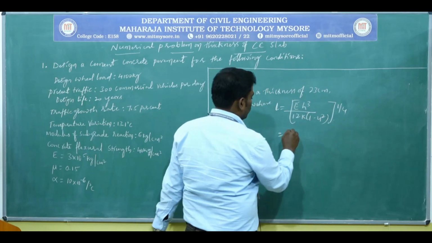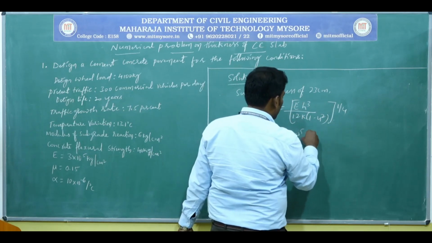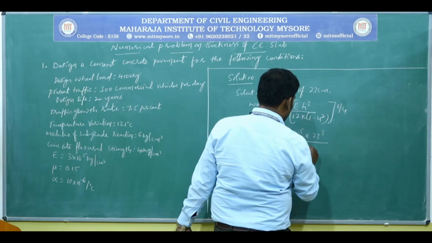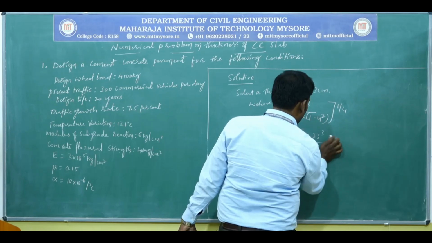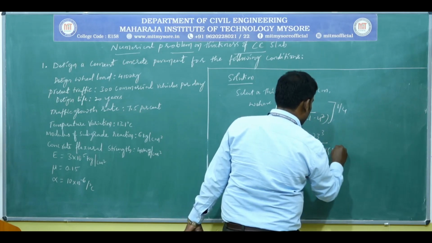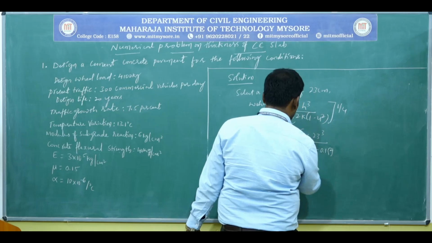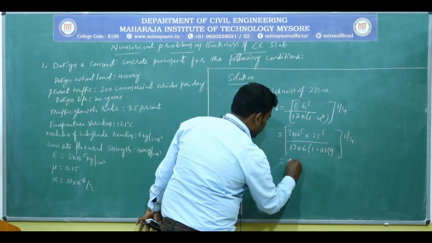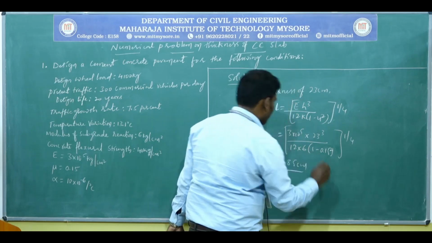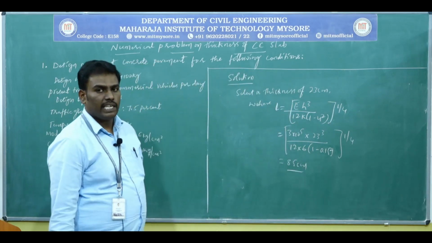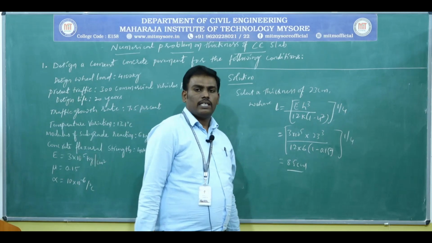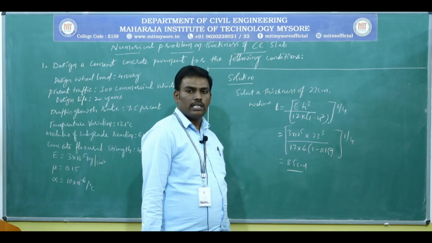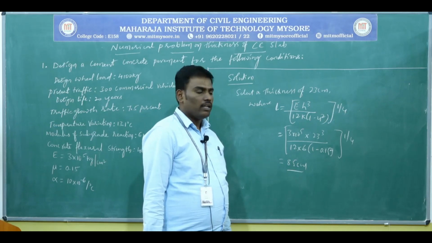E is 3 into 10 power 5, H is 23 cube, 12 into 6, 1 minus mu square, that is 1 minus 0.15 square, power 1 by 4. You may get about 85 centimeter, which is the radius of relative stiffness l.